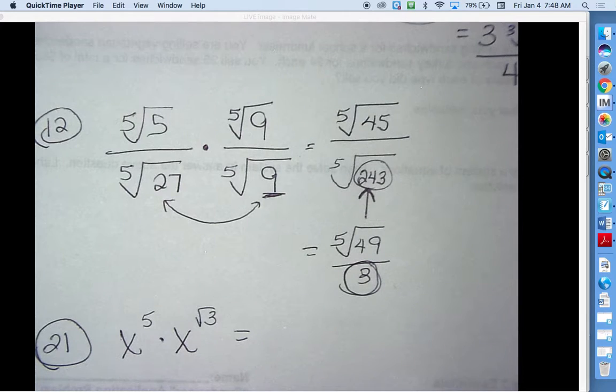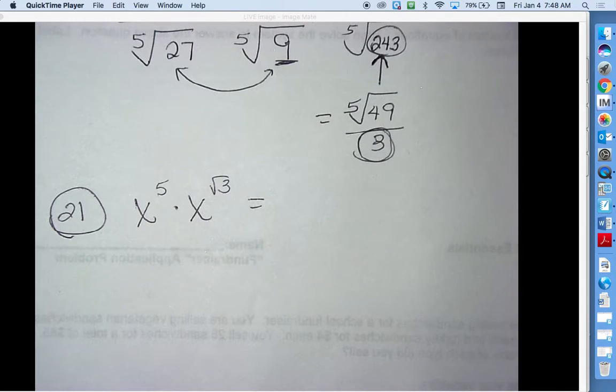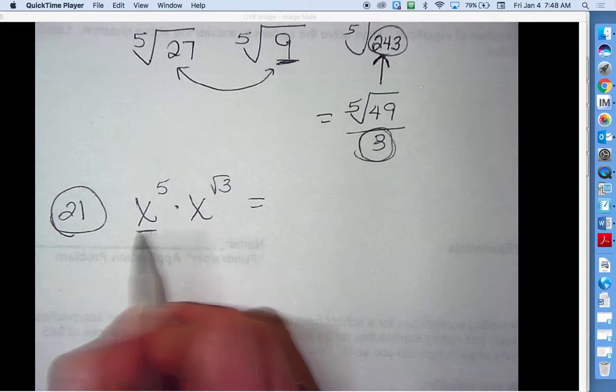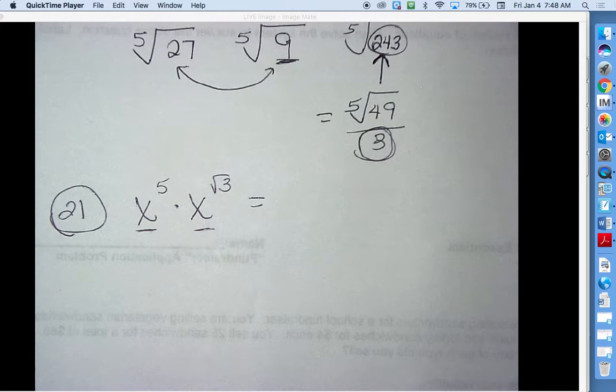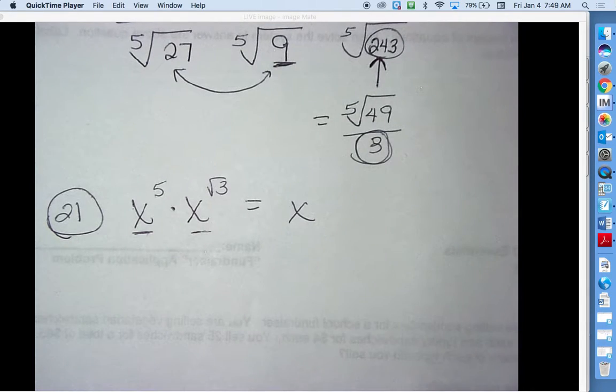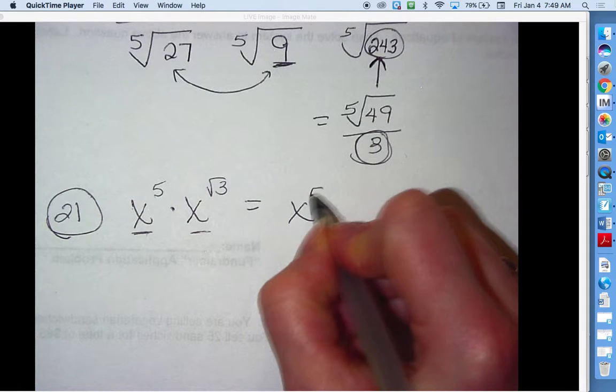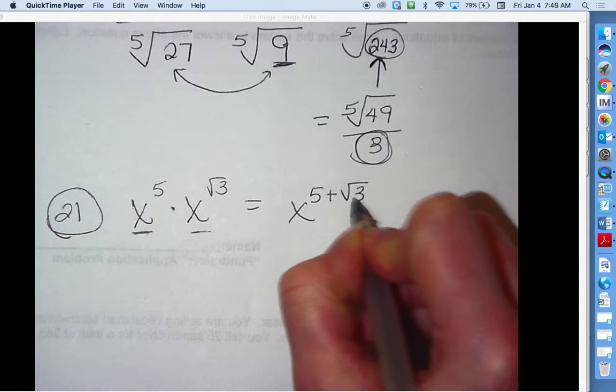All right, so 21, we have x to the 5th times x to the square root of 3. So if you have the same variable, what do you do with the exponents? You add them. So how would you add those together, Julian? Yeah, you would just keep it as 5 plus the square root of 3.